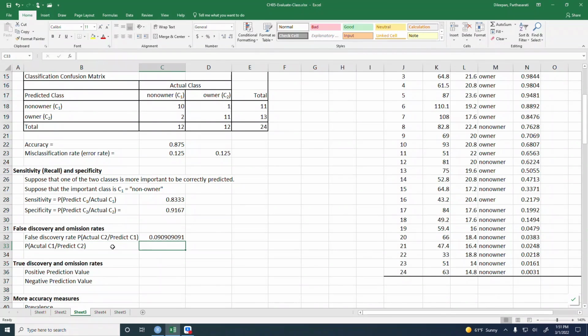So that would be false omission rate. Okay, I overwrote on it. False omission rate. So we predict C sub 2, but actually turns out to be C sub 1. So it will be that. Okay.